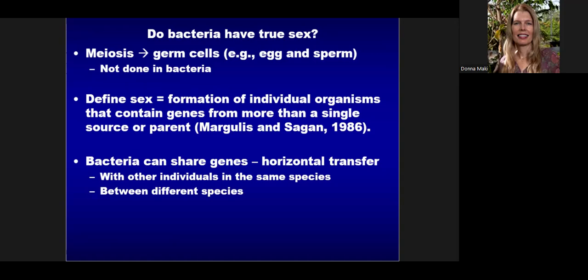You can have more unrelated organisms, between different species. Let's say you work with Pseudomonas fluorescens and Pseudomonas aeruginosa. Those are two different Pseudomonas species, and they witnessed that Pseudomonas fluorescens could give DNA to Pseudomonas aeruginosa. They're like, that's crazy, because they're not even the same species.